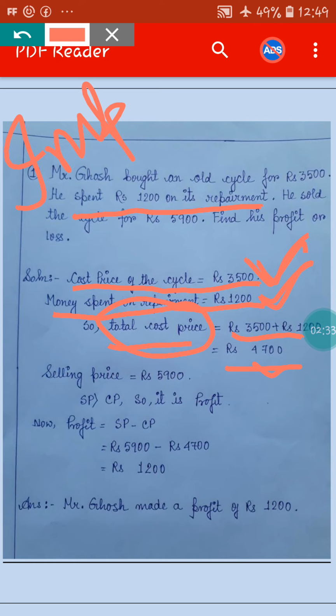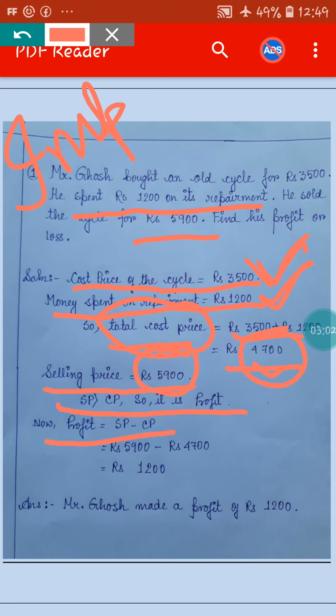Now he sold the cycle for rupees 5,900. So selling price of the cycle is rupees 5,900. Now we will see which is bigger, cost price or selling price. This one is the selling price and this one is the cost price. So here selling price is bigger, so it means this is a profit, and we know the formula of profit.